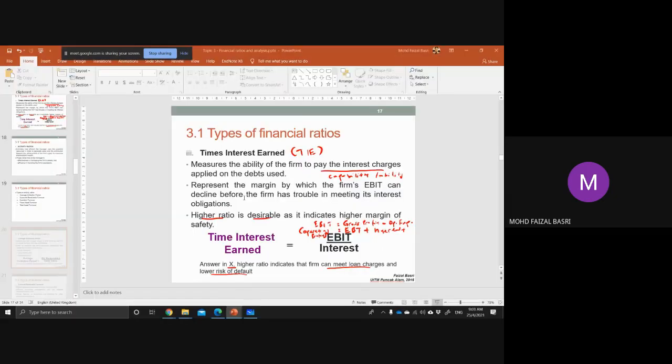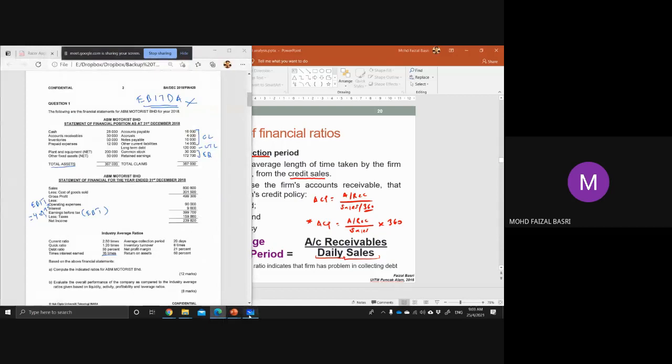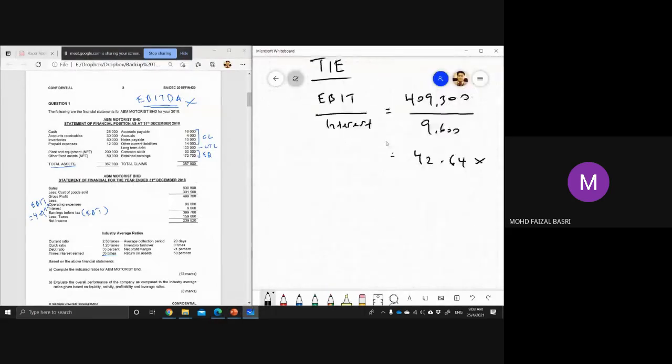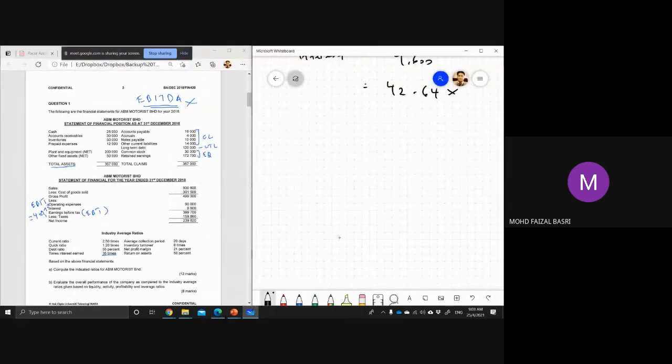Right, so again, let's look at the question. Okay, so ACP is part of the question. The industry's average ACP is 20 days. So for this company, the ACP, again, I'm going to write the formula: account receivable divided by sales times 360.